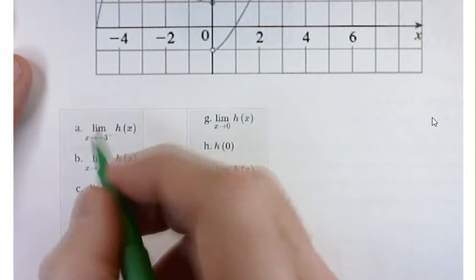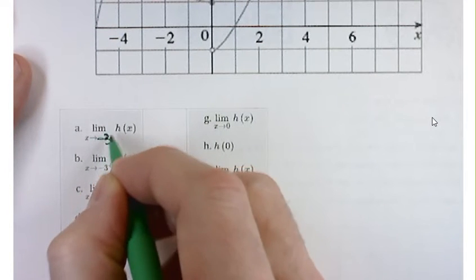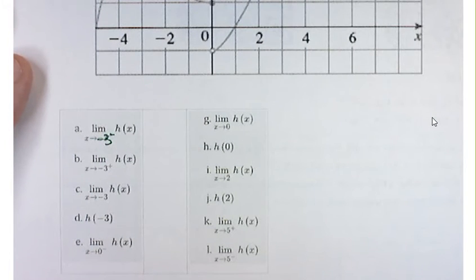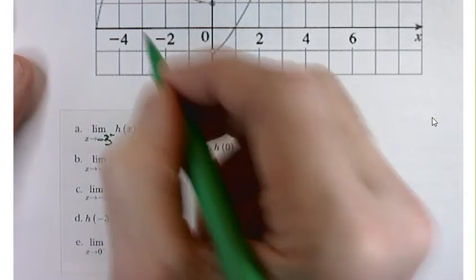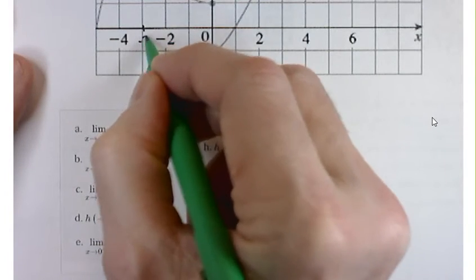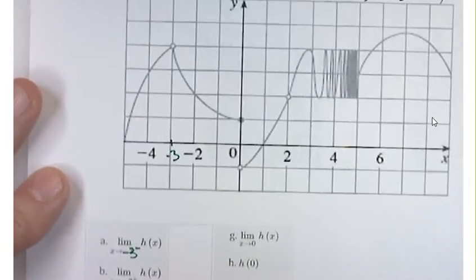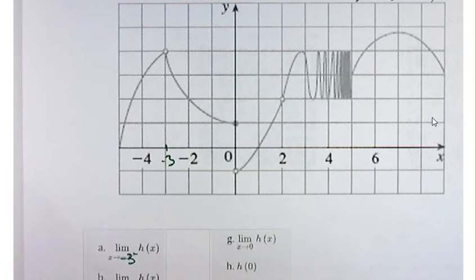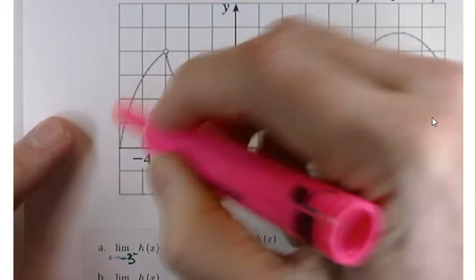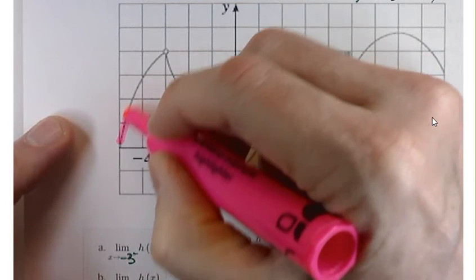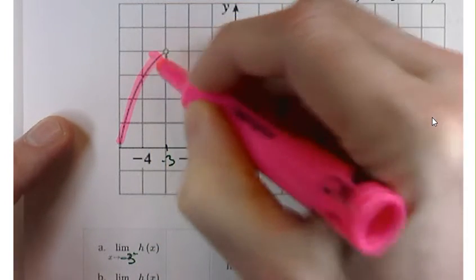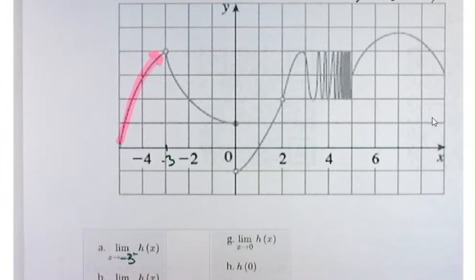The limit as x approaches -3 from the left of our function. Well, here's our -3. As we approach from the left, what this is asking us is, what y value are we getting close to? So as we come up here, what y value are we getting close to?